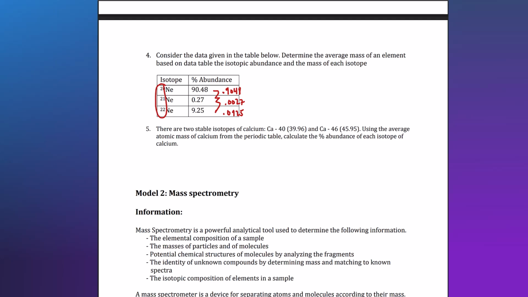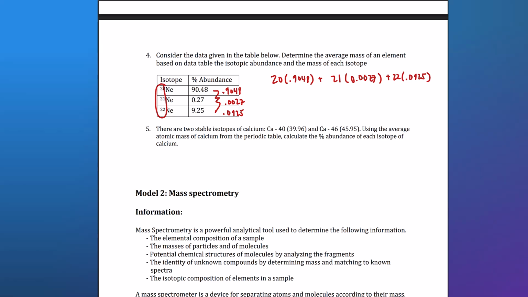And so now I'm going to go ahead and write out the whole equation. We have 20 times 0.9048 plus 21 times 0.0027 plus 22 times 0.0925 if you multiply them out and add them all together.